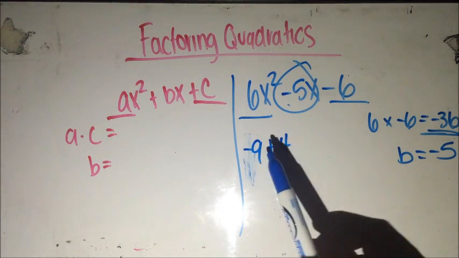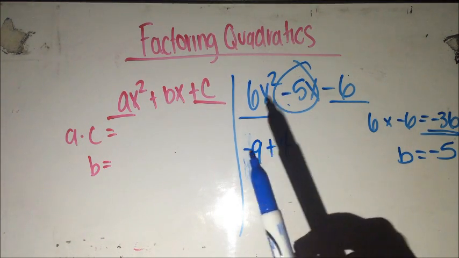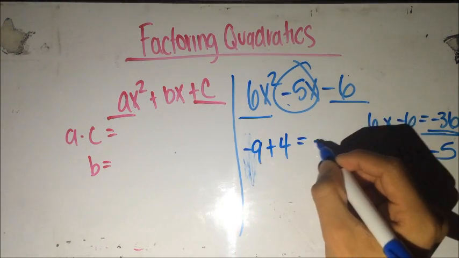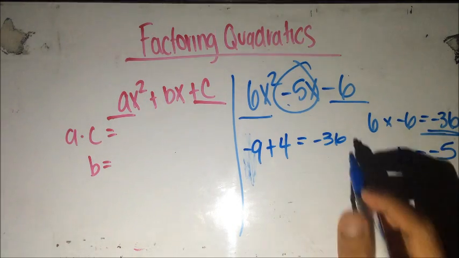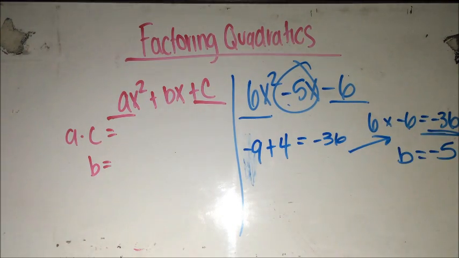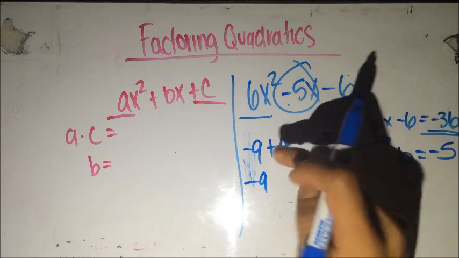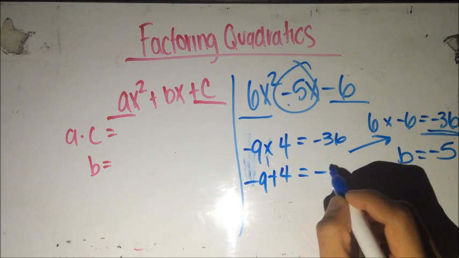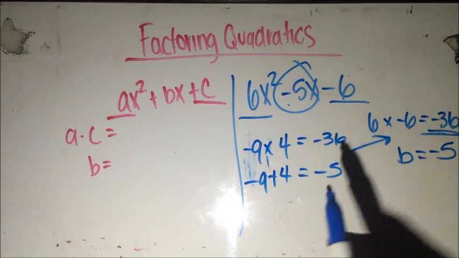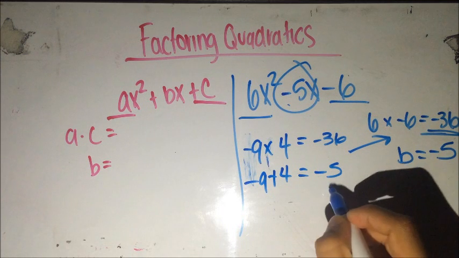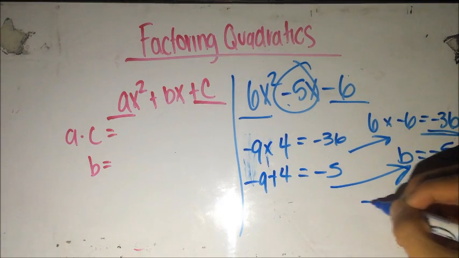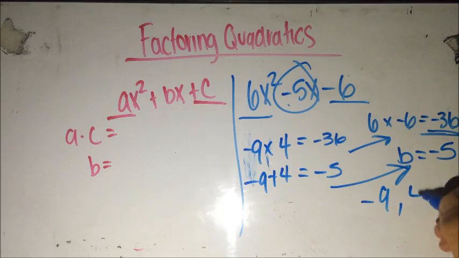Now the reason why negative 9 and 4 are the factors is because negative 9 times 4 equals negative 36, which is what that is, and negative 9 plus 4 is negative 5, which is b. After that, our factors are negative 9 and 4.